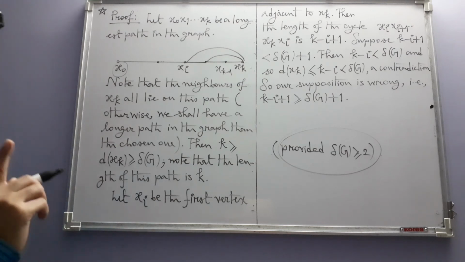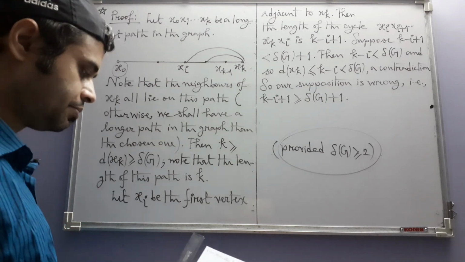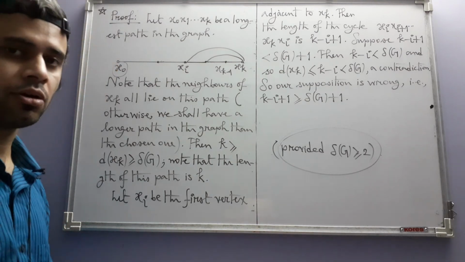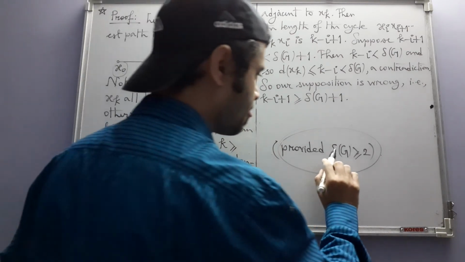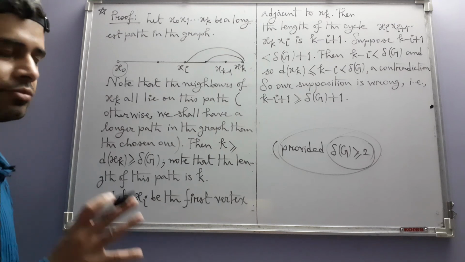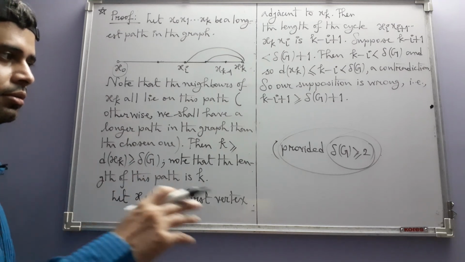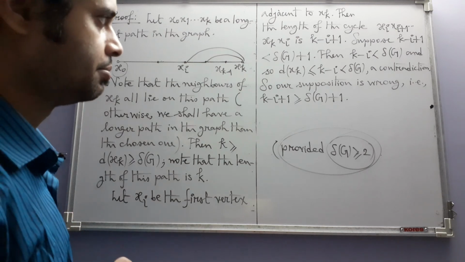So that is also one particular consequence of this result, that we are always going to have a cycle if delta g is greater than or equal to 2. If the minimum degree is greater than 1, then we will always have a cycle.